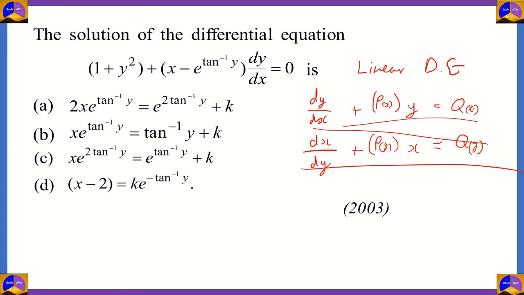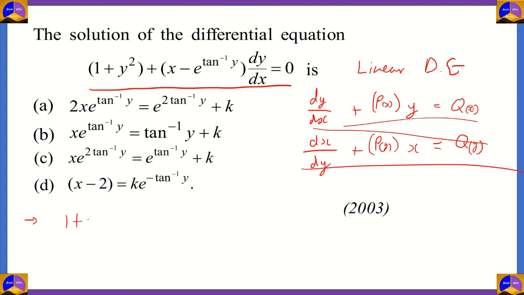So this is the standard form of a linear differential equation, and then we have to find the solution for it. So we have the given equation (1 + y²) + (x − e^(tan⁻¹y)) dy/dx = 0. So what we're going to do is we're going to convert this to a linear differential equation.